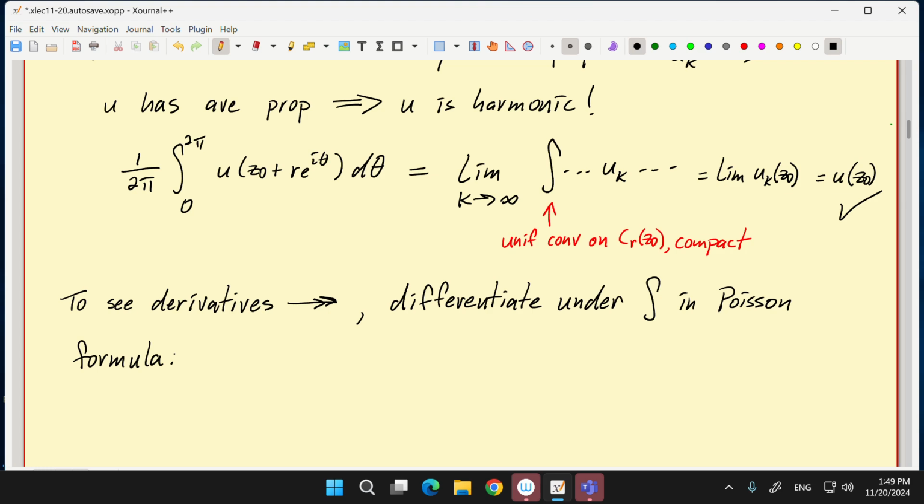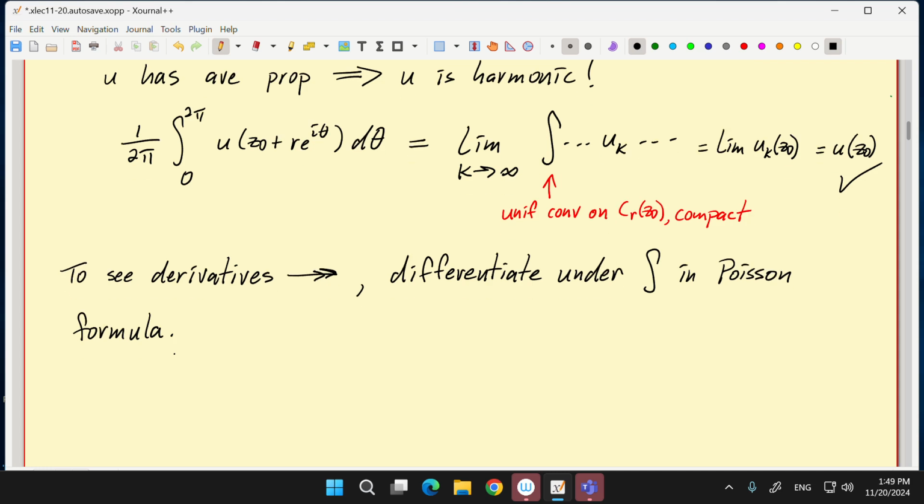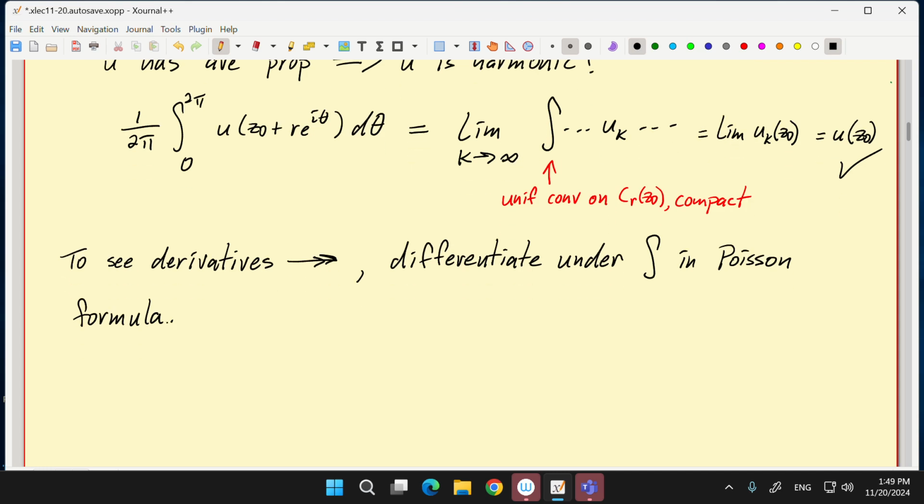Remember, we differentiated it, and we could see that the derivatives converge uniformly on compact sets. You do the same thing with the Poisson integral formula, and then, of course, you restrict to smaller disks with the standard tricks: you shrink the disks and cover by shrunken disks.